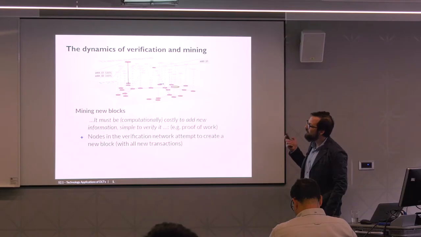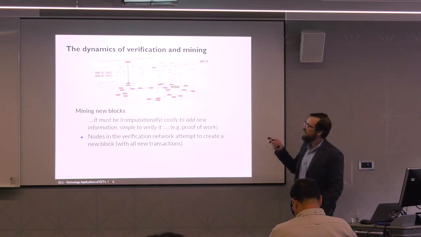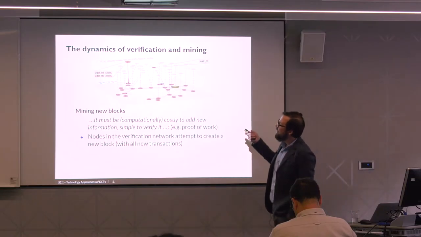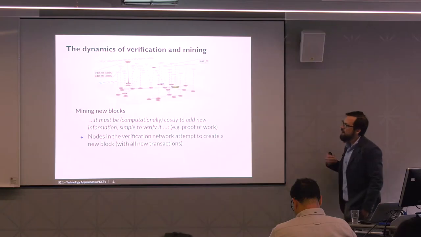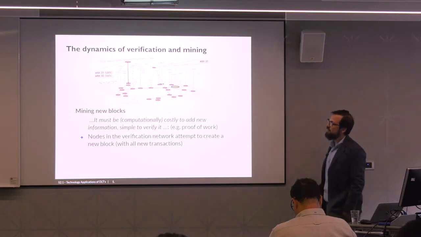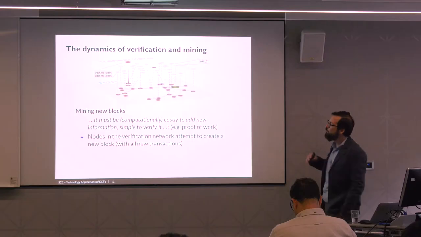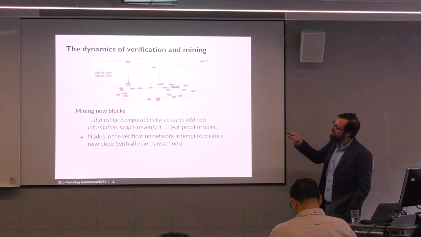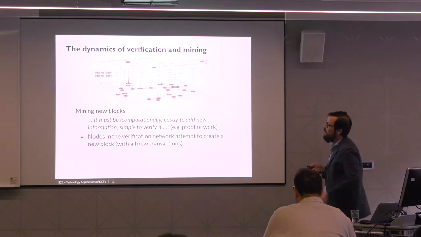For the moment, the only thing that is important to us is the fact that there is a point in time in which one of these nodes verifies the correctness of the transactions, and by different rules, one of them that we're going to see tonight is proof of work, one of them is allowed to encapsulate multiple transactions into a single chunk that is called a block.